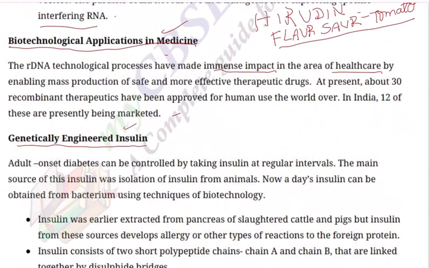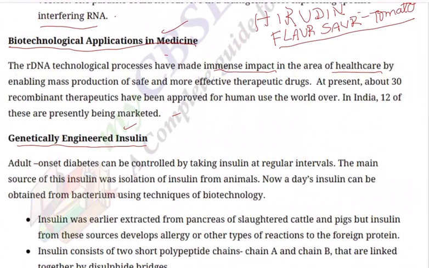Since it is insulin for human beings, it is called humulin. Through biotechnology, we are able to synthesize this humulin, and this is of great use for all the diabetic patients. So, how is it to be done?